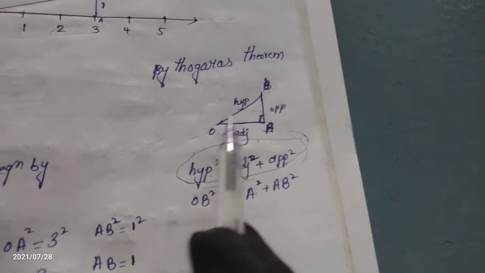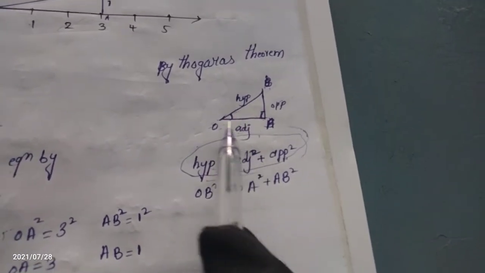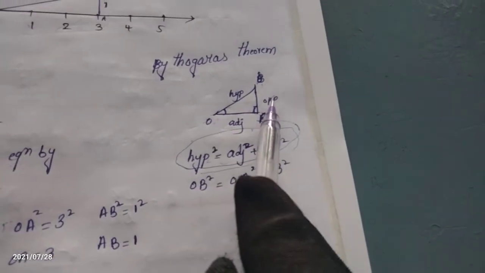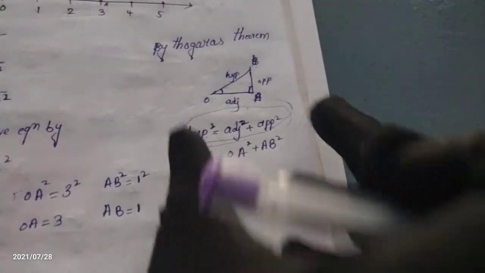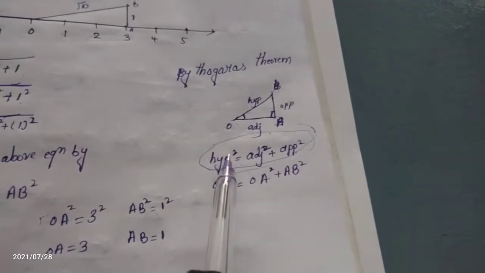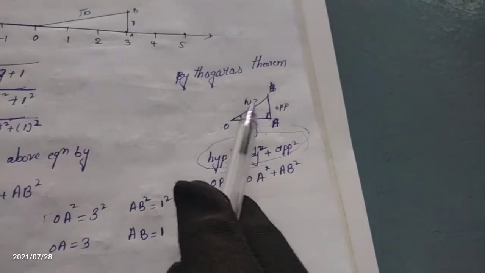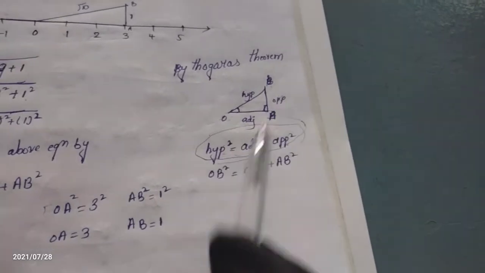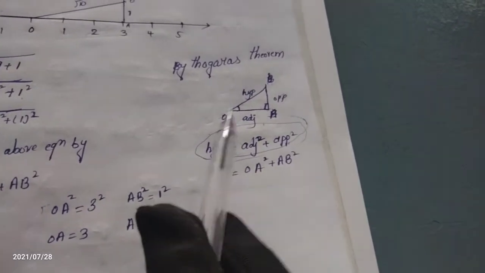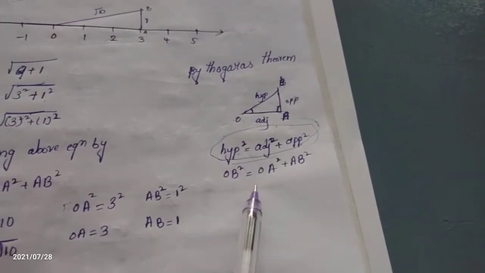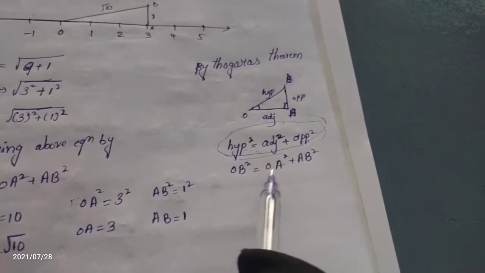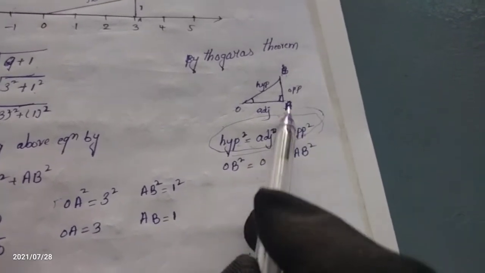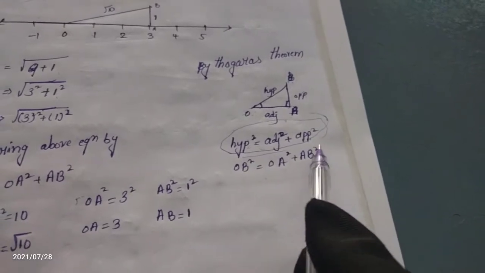Here the right angle is 90 degrees, and this is some angle theta. The opposite side, the adjacent side, and the hypotenuse. Hypotenuse square is equal to adjacent square plus opposite square. The hypotenuse is OB, so OB square is equal to OA square plus AB square.